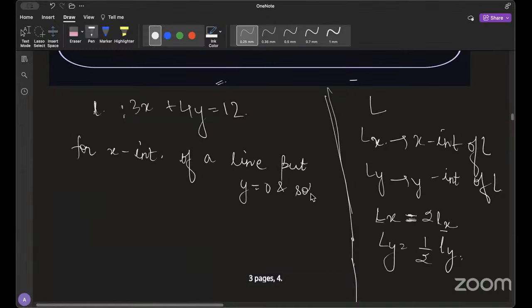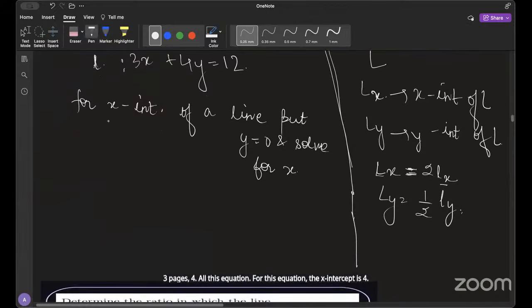For this equation, the x-intercept is 4, and if we double it, then 8. Yeah, you can do that too. But I think this one's just easier.